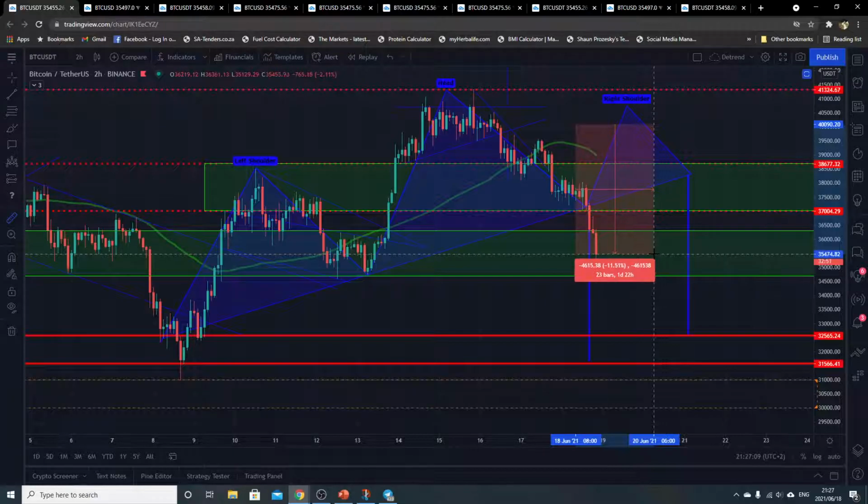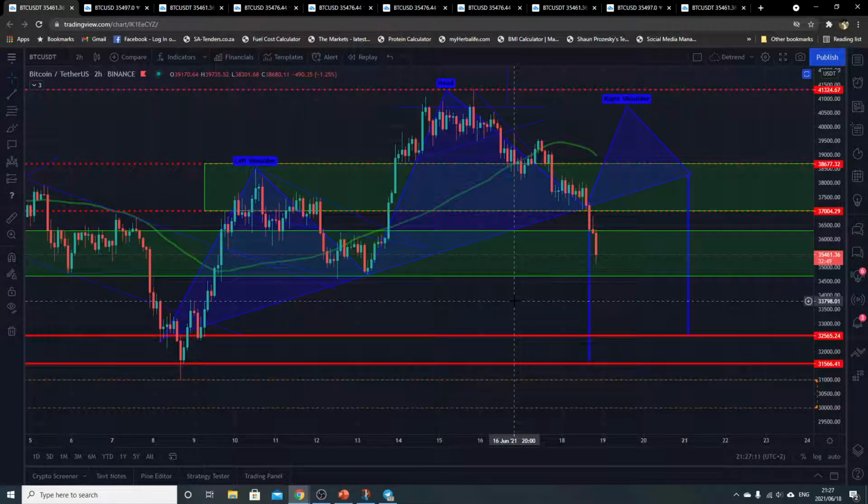Now, if the guys are wondering why I'm trading the USDT pair and getting settled in USDT, it's because the Bitcoin price is going down. Why should I trade a Bitcoin-dollar pair, like on Bybit or Binance, where you're getting settled in Bitcoin, when the Bitcoin price is continually decreasing?